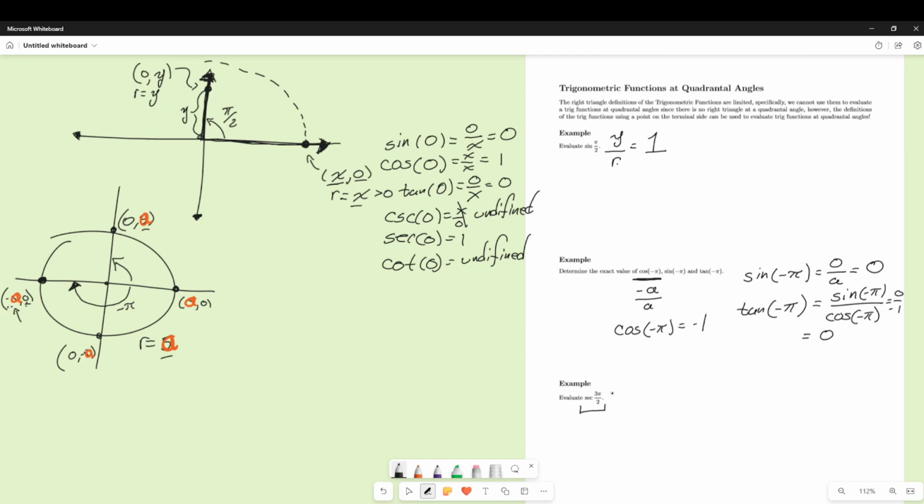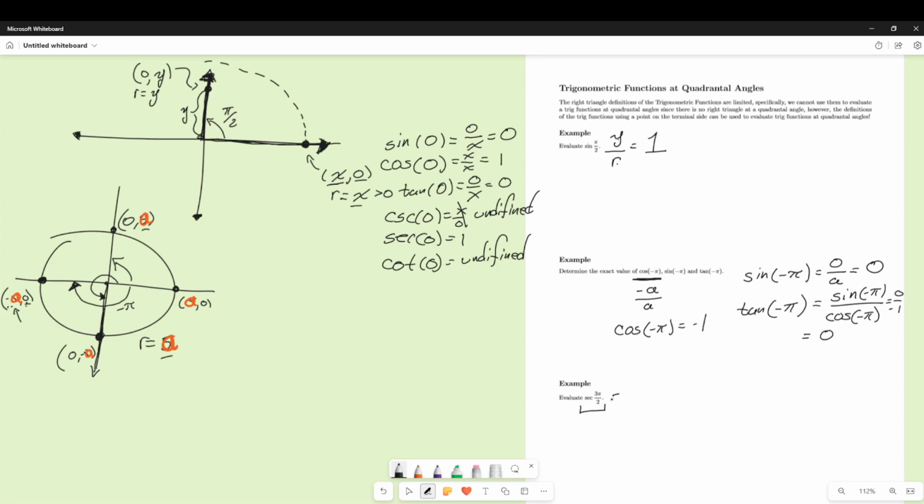I know I'm going through these kind of fast, but I want to let you get off to your days. So secant of 3 pi over 2, okay, it's the same kind of tool. 3 pi over 2 is down here, and whatever that radius is, a point along a ray at that angle is still going to pass through the point 0, negative the radius.